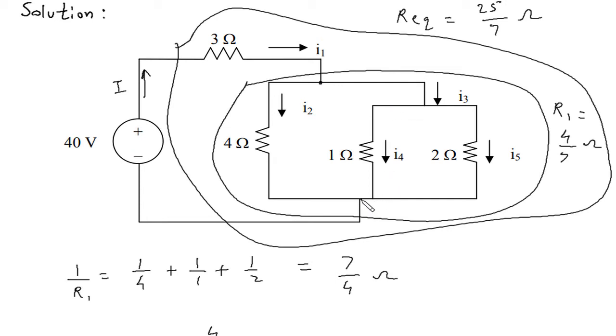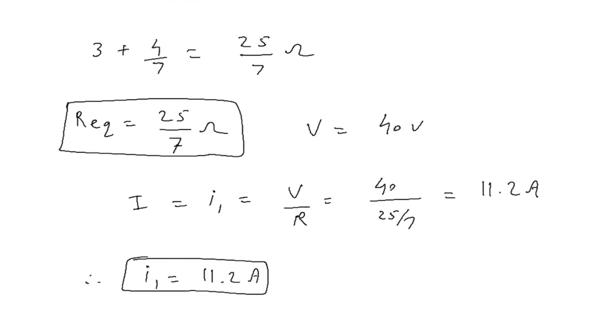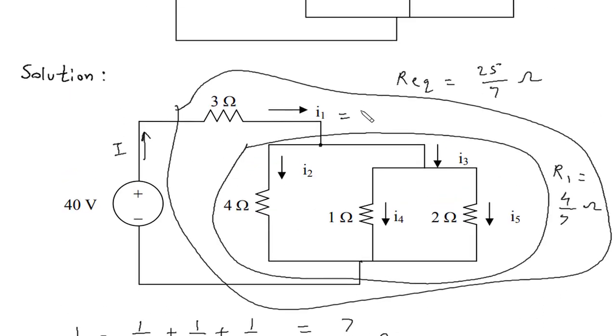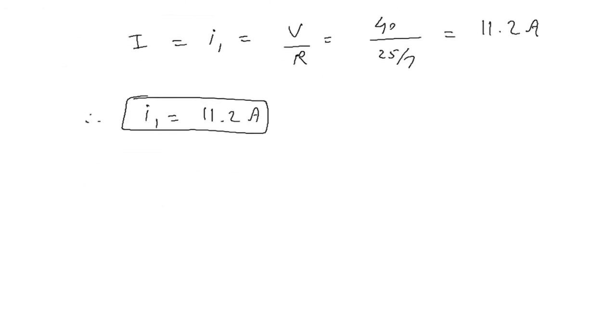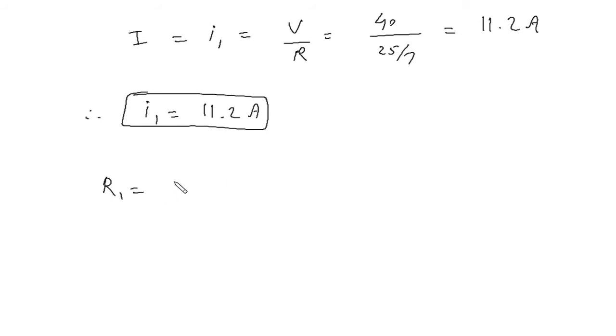Their equivalent resistance is R1, which is 4 by 7 ohm, and the current is I1, which is 11.2 ampere. So from this we can find the voltage.